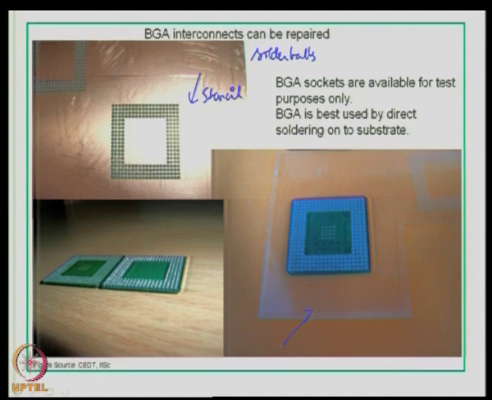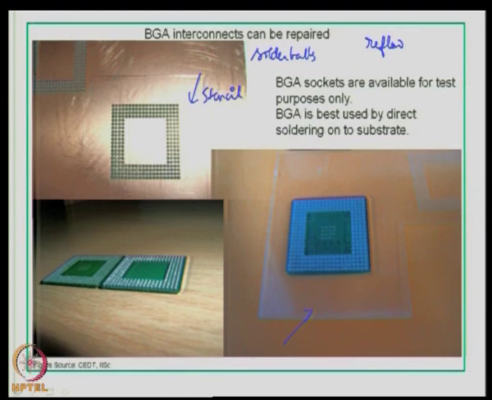And then once the solder balls have been placed, they undergo a reflow process. During the reflow process, the solder ball melts and gets attached to the pads on the substrate designated for these solder balls. So, the grid is established beautifully, and you can see there is no solder bridging at all. So, this is a BGA interconnect directly done onto an organic substrate or even a ceramic substrate.